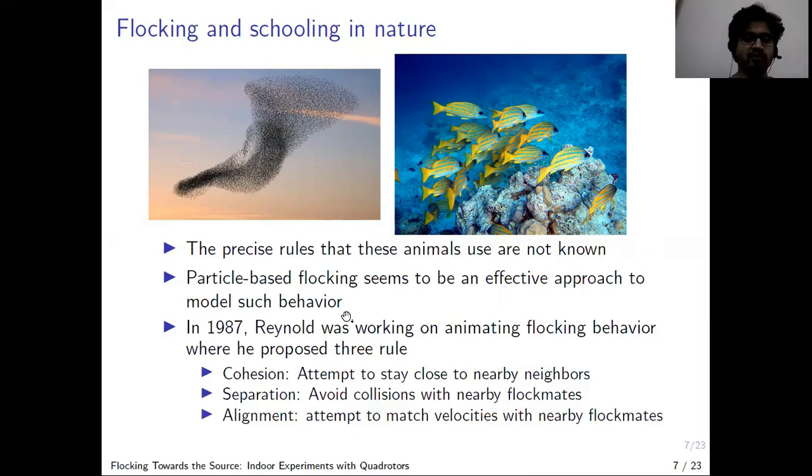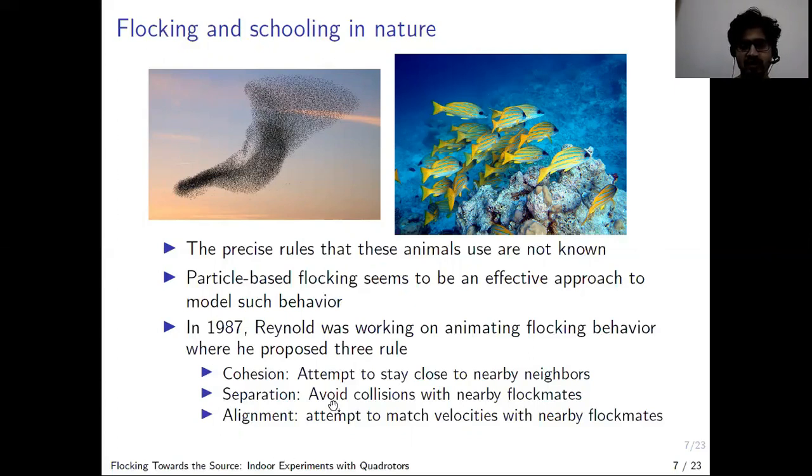One such model was proposed by Craig Reynolds in 1987, where he postulated that if each agent would follow 3 simple rules, which he called cohesion, separation, and alignment, it would lead to an emergent behavior of the group. These 3 rules basically mean that each agent tries to stay close to its neighbors, tries to avoid collision with its neighbors and tries to align its own velocity with the velocity of its neighbors.